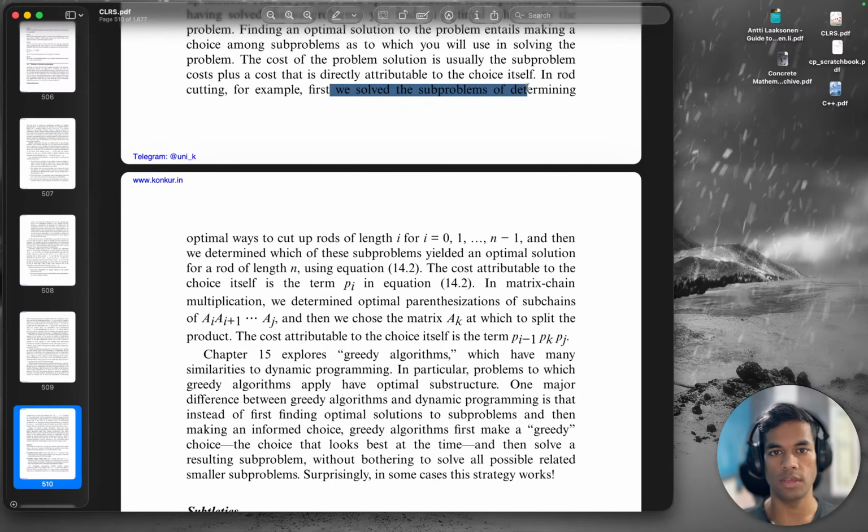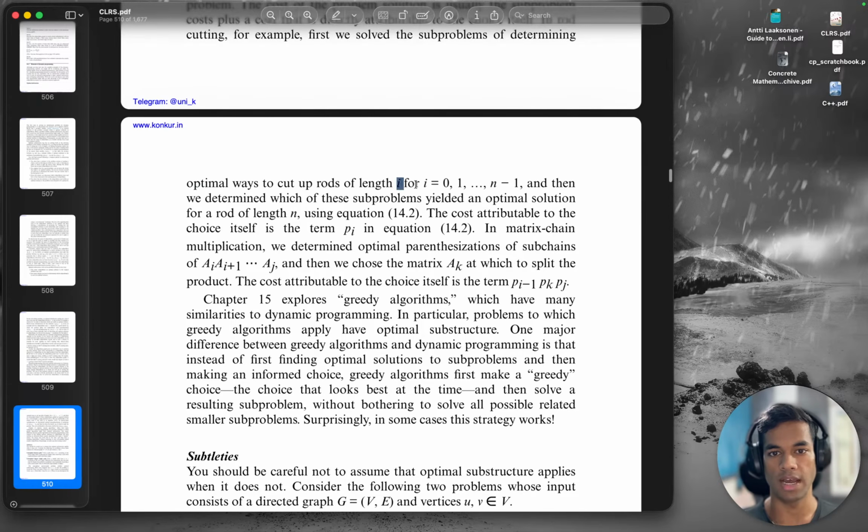First, we solve the subproblem of determining optimal ways to cut up rods of length i, where i ranges from 0 to n minus 1. And then we determine which of these subproblems yield an optimal solution for a rod of length n.